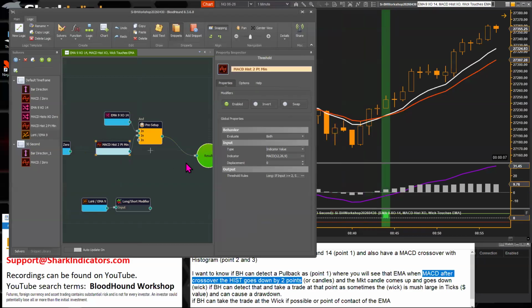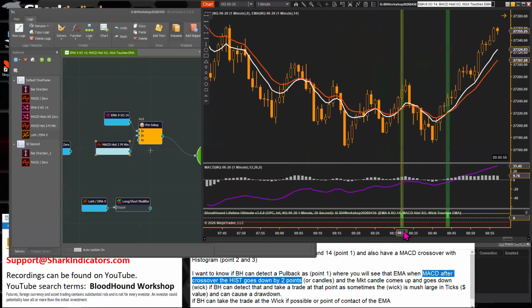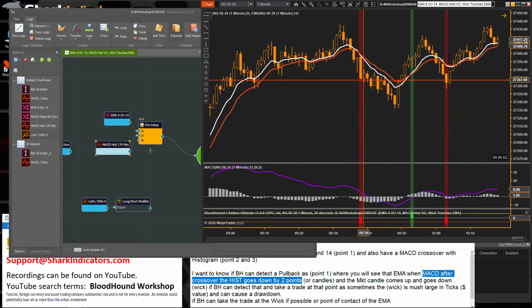And there we have it. So I think we're going to have a lot more signals now. The histogram value is greater than 2 on all these, so now we're going to have a lot more signals to work with. There we go. Right there, right there, right there. Yep.